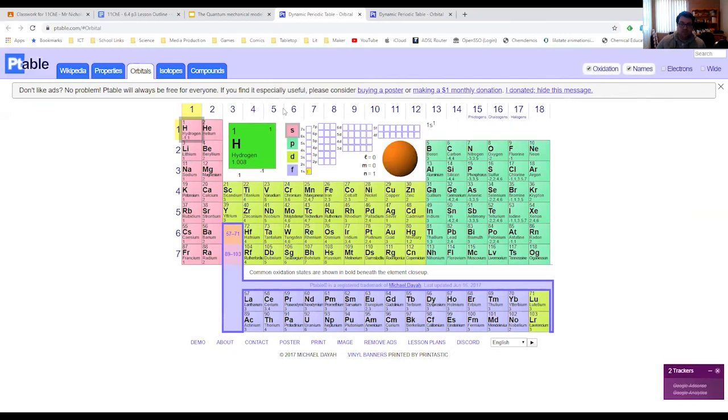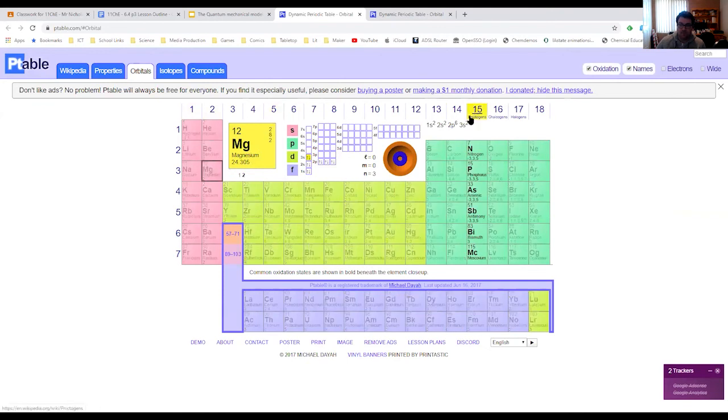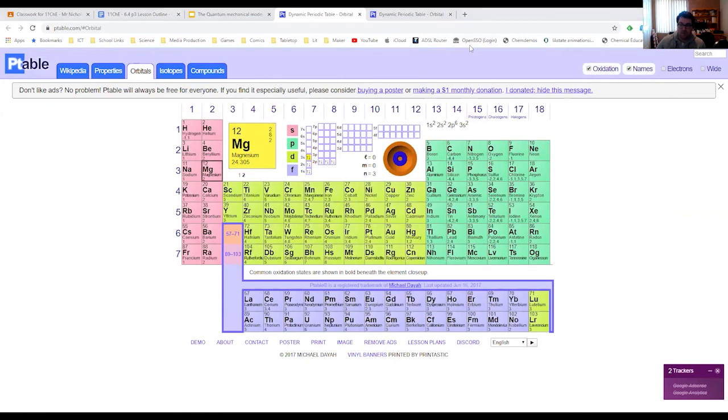If, let's say, for example, you had to draw the notation for magnesium. Okay, all right. Now the nuclear notation can be found just here. Okay, all right. So you can actually double check for each of these elements the different notations that are present.